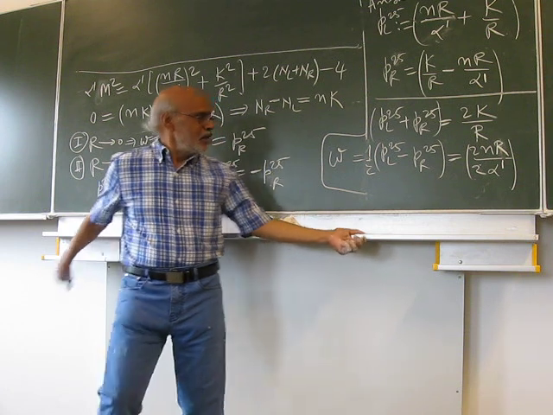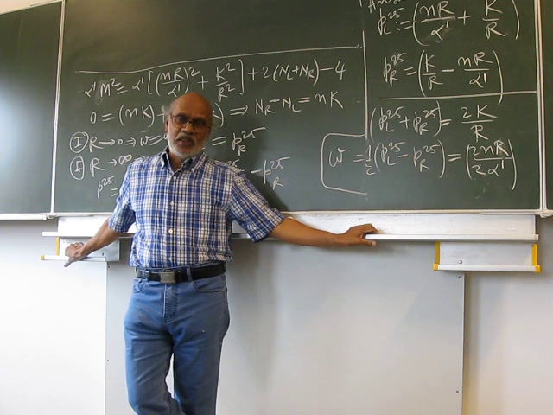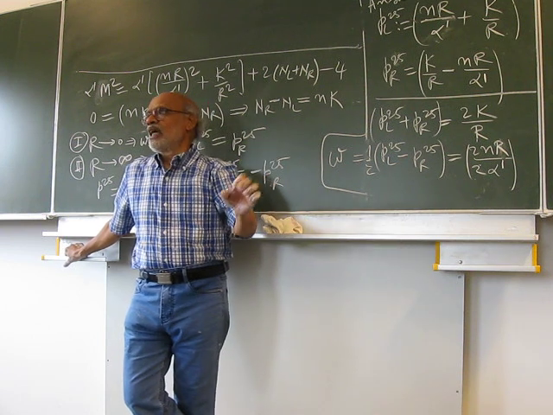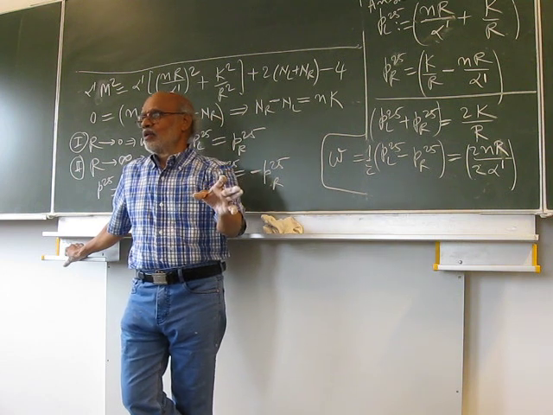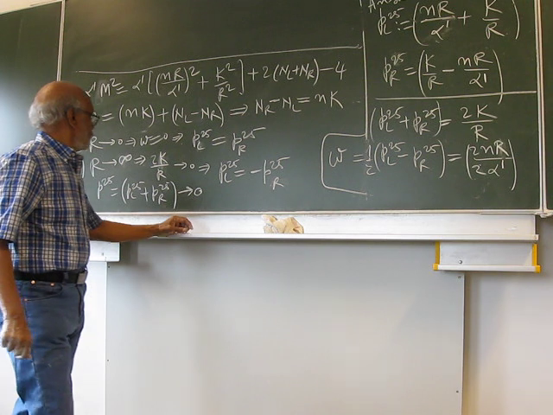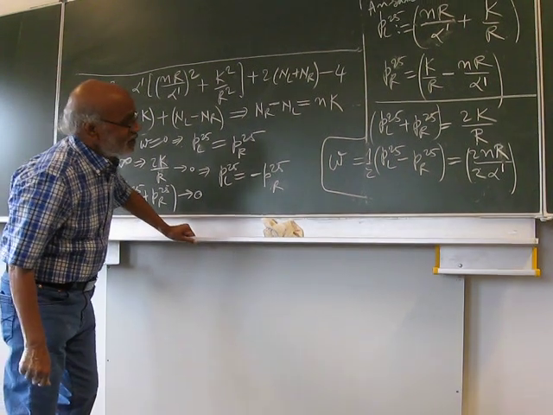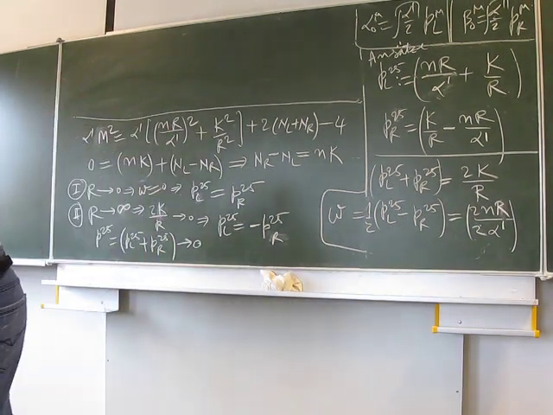So these are two extreme limits, R going to 0 and R going to infinity. In one case only momentum modes survive, in the other case only binding modes survive. Okay. So this is the meaning.